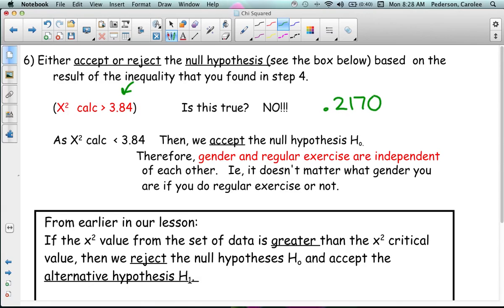Is it greater than 3.84? No, it's not. So what this means is we get to accept the null hypothesis. Therefore, gender and regular exercise are independent of each other. It doesn't matter what gender you are if you have regular exercise or not.